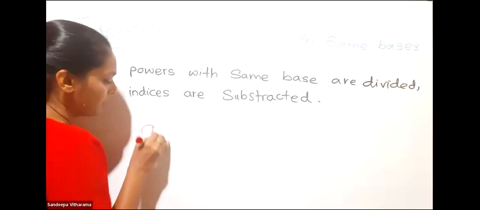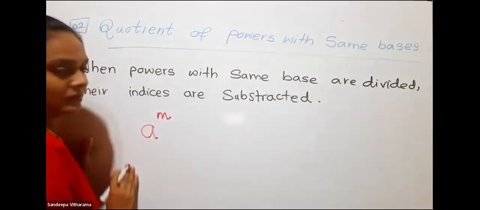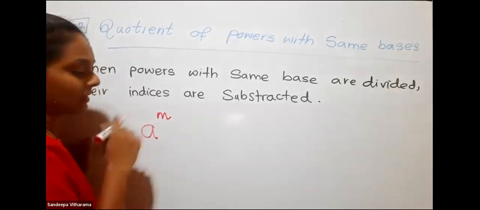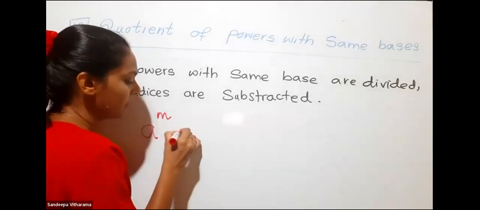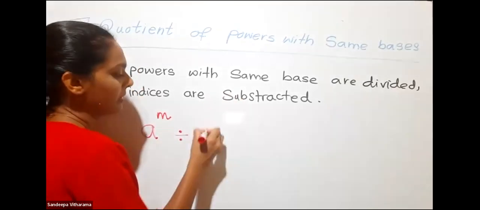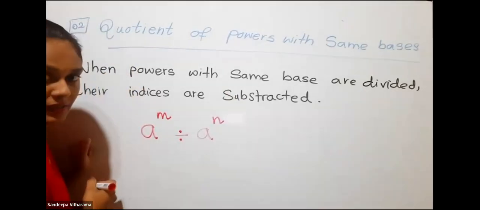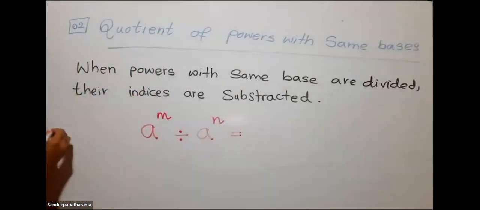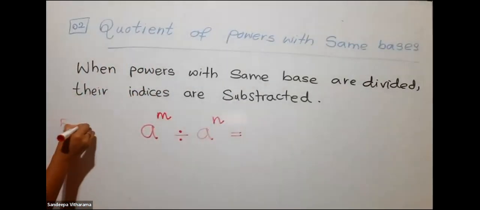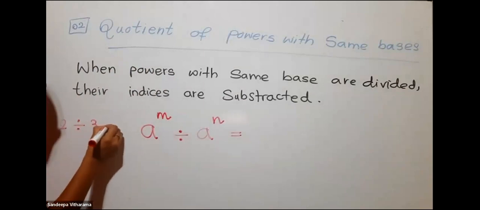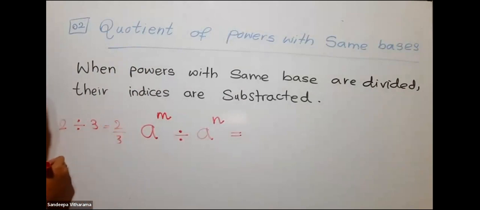If we have a power, A multiplied repeatedly n times, divided by another power term, A multiplied repeatedly n times, this can be expressed like this. Because we know that when we divide 2 by 3, this can be written as 2 upon 3.